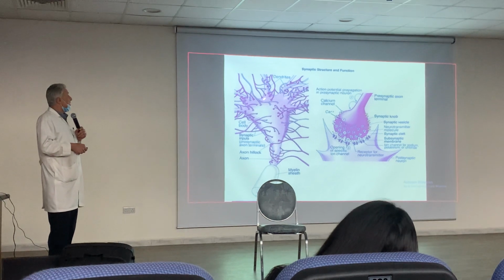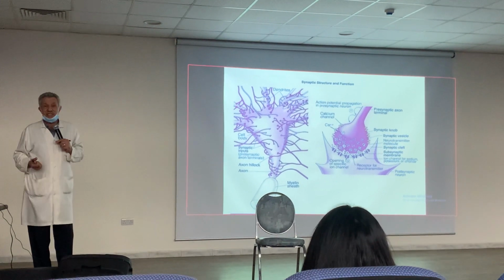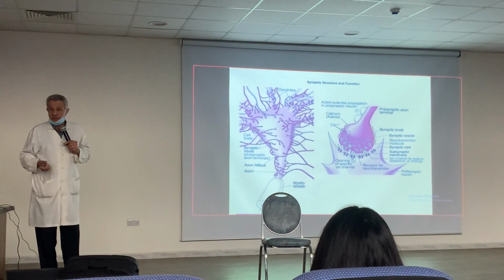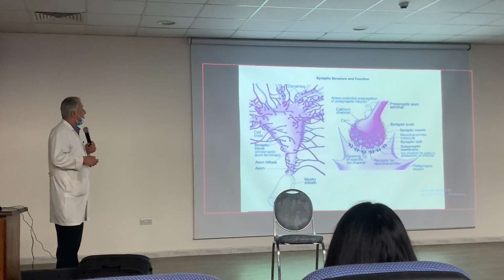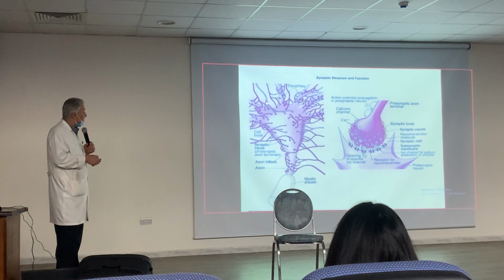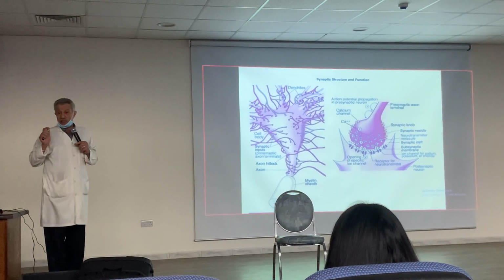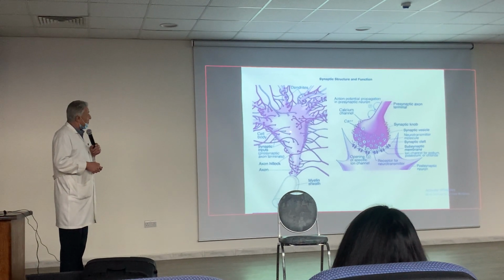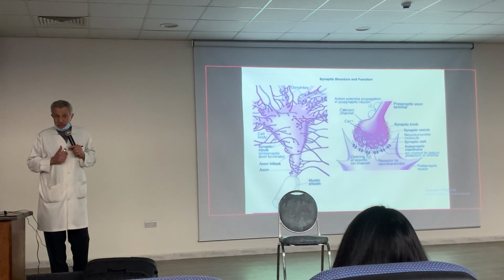Are all these terminals causing excitatory potentials? No. Are all these terminals causing inhibitory potentials? No. You may find terminals from one neuron causing excitatory potential, but another axon with many terminals causing inhibitory potential.